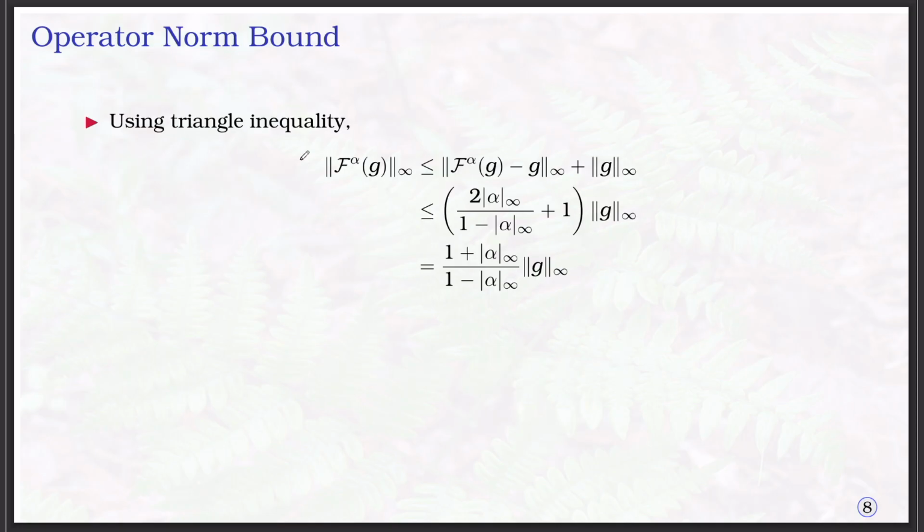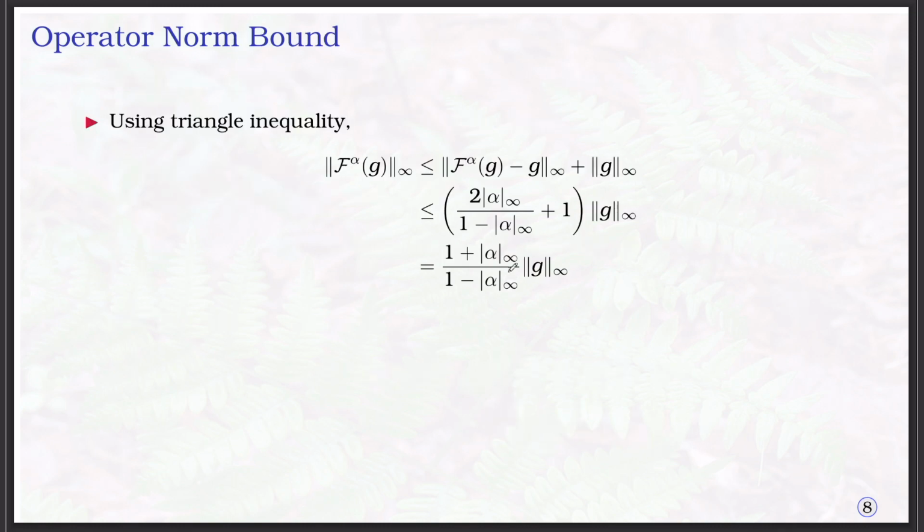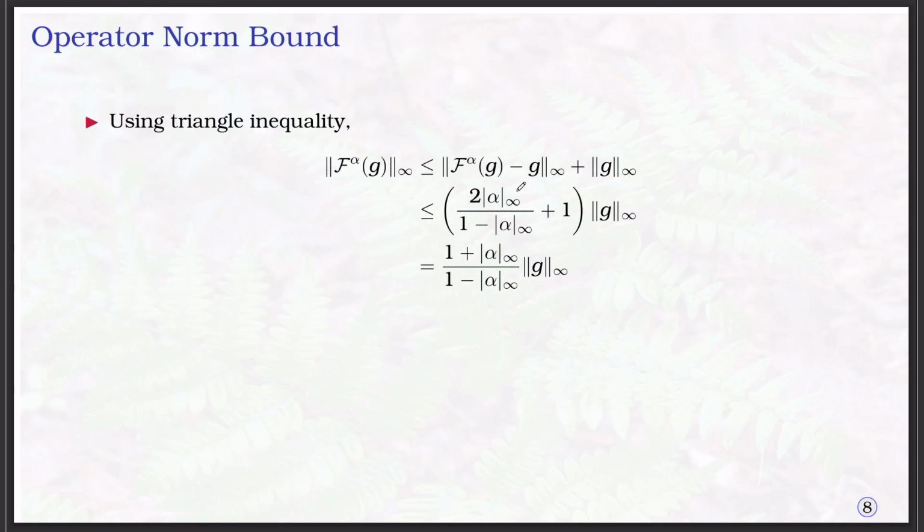Now if you apply the triangle inequality, F of G can be written by adding and subtracting G with F alpha of G, which is less than or equal to this one. Then you can apply this term, and one can get this term times this one.